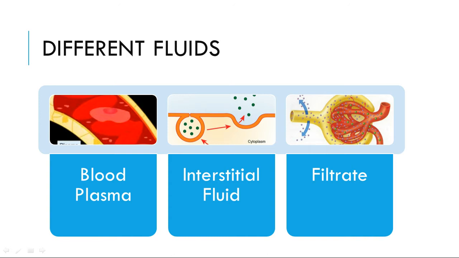So you're having a constant exchange, right? Blood plasma will be filtered to form our filtrate. Anything that's a filtrate can be reabsorbed back into the interstitial fluid and even reabsorbed back into your blood plasma, which then could secrete something back into the interstitial fluid and back into your filtrate. I really could add a fourth term on here. What fourth fluid term could we differentiate here?